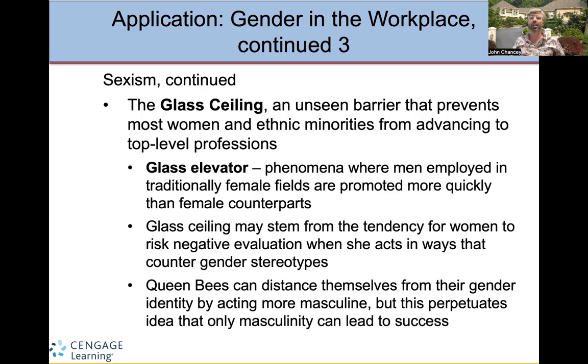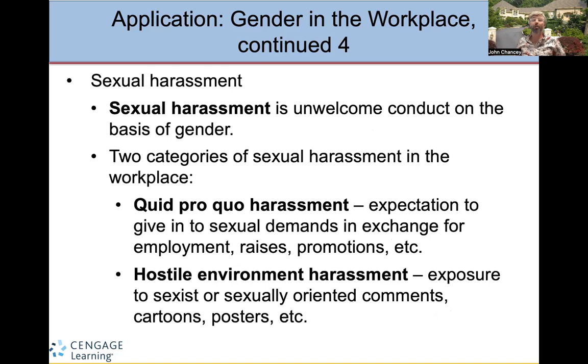Whereas the glass ceiling is more likely to stifle career growth for women, and it stems from negative evaluations that are based on gender stereotypes. So it has real world consequences in the workplace and in whether or not people have access to better paying jobs, better jobs overall.